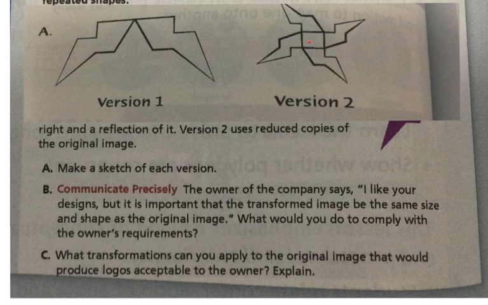Mm-hmm. So which one of these had the same size as the original? Version 1 does, right? So what could we do in order to make sure all of our lightning bolts were the same size as the original? We'd have to make sure we copied the original size.